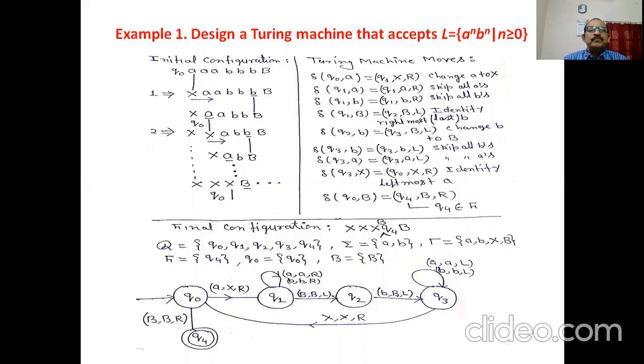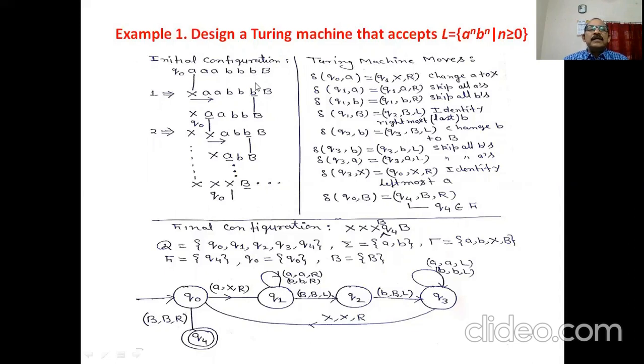Is it clear? Now the question is, how will we identify the leftmost A and how will we identify the rightmost B? We have to identify the leftmost A and the rightmost B.